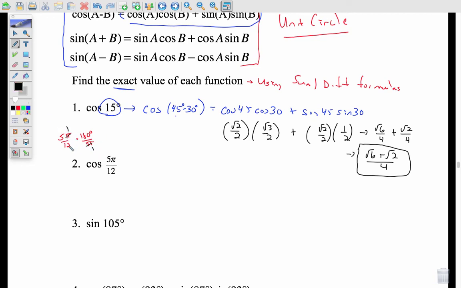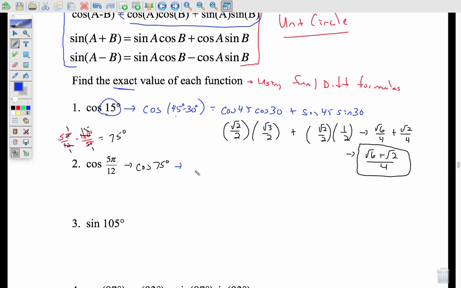So I go to simplify here. The pi's will cancel. The 12 and the 180 will be a 1 and a 15, and 5 times 15 is 75 degrees. So what we're finding here is the cosine of 75 degrees.